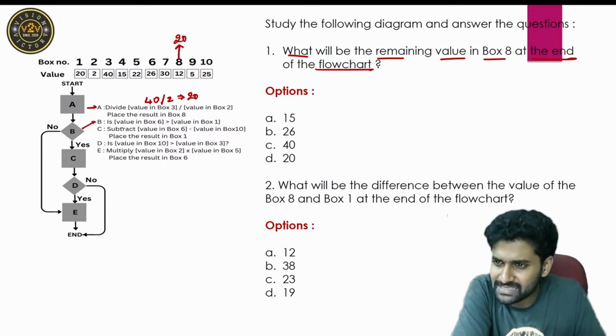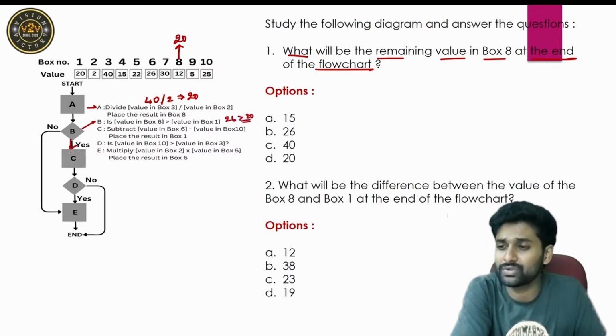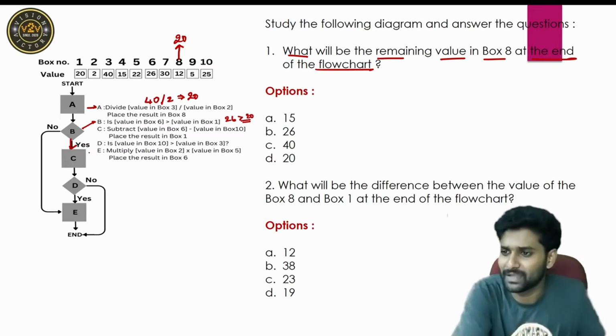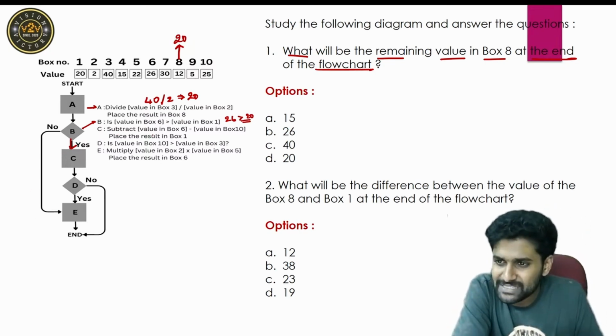Now here B says the value of box number 6, which is 26, is greater than 20. Yes or no? Yes. If it is a yes, you have to move to step C. If it is a no, you can go directly to E. Now C says subtract the value of box 6 from box number 10: 26 minus 25.